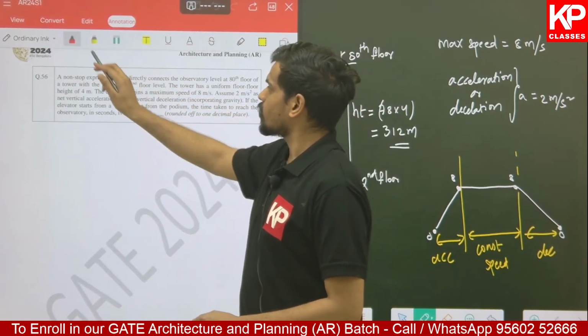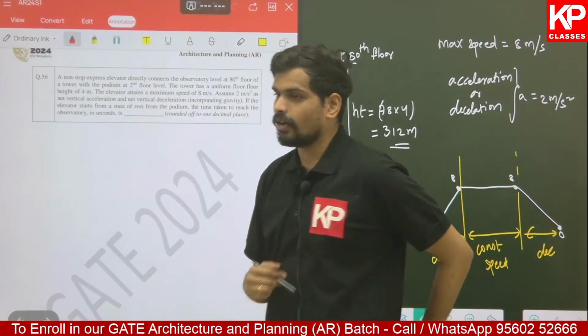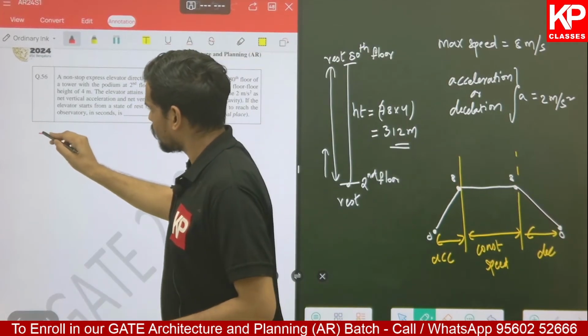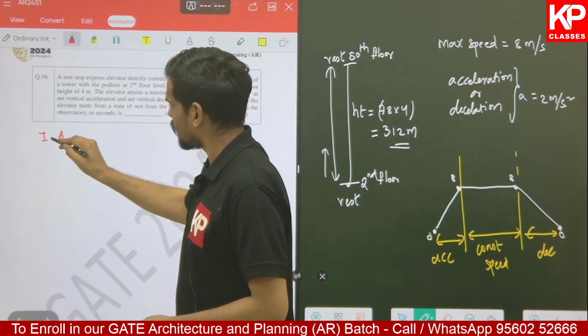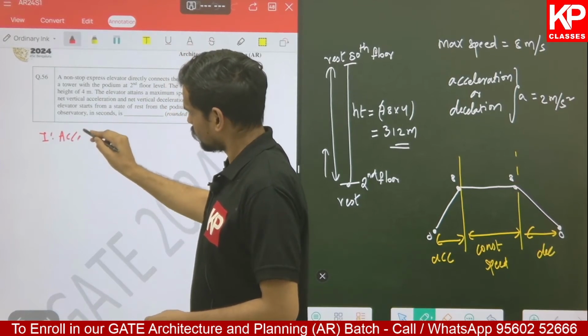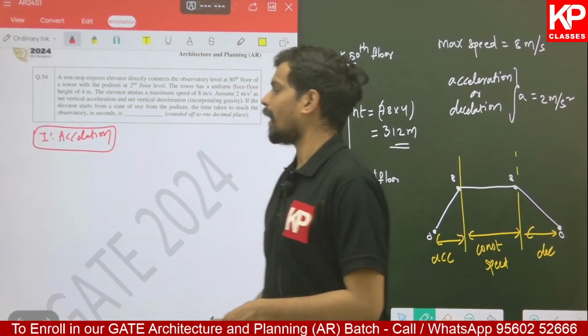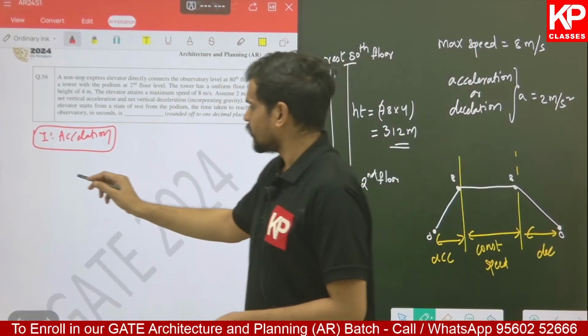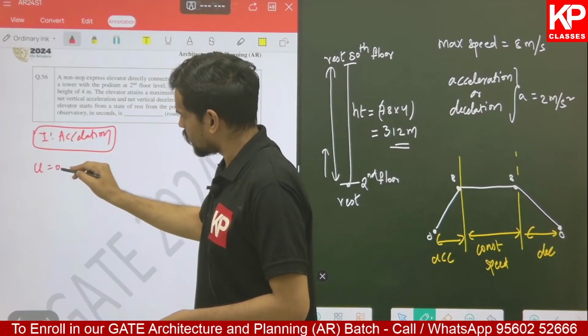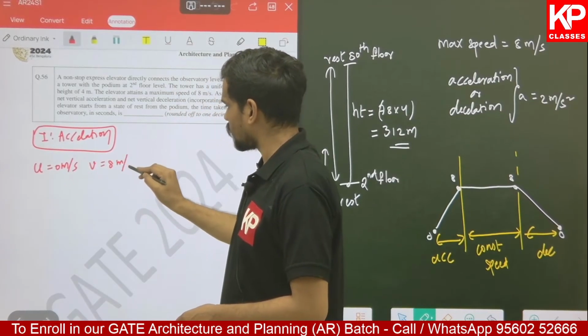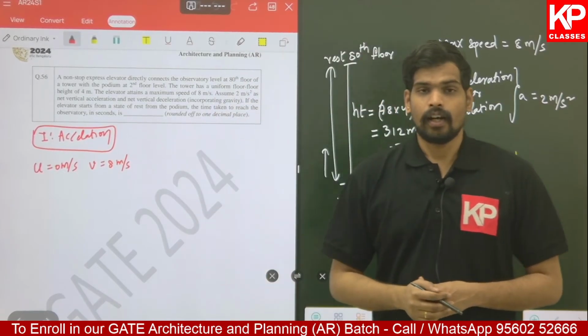If you apply the equations of motion to the first part, the accelerating portion, the initial velocity u is 0 meter per second. The final velocity is the maximum velocity, 8 meter per second.